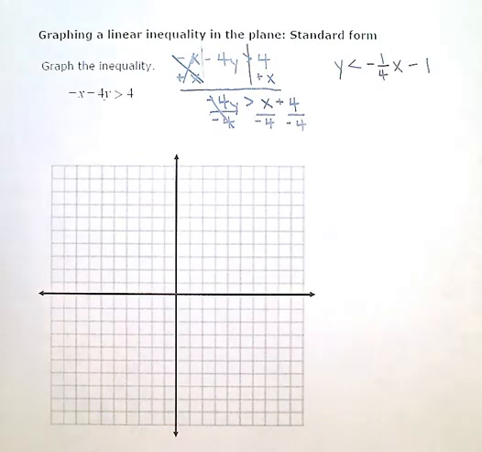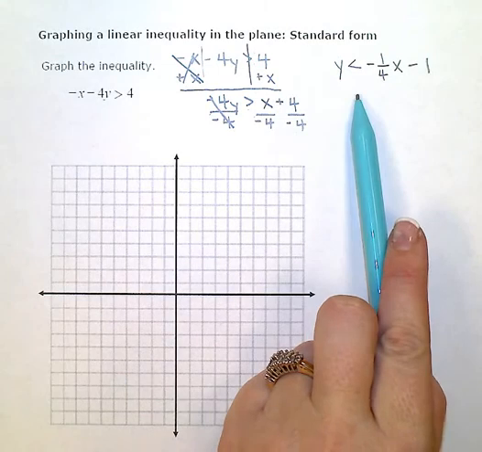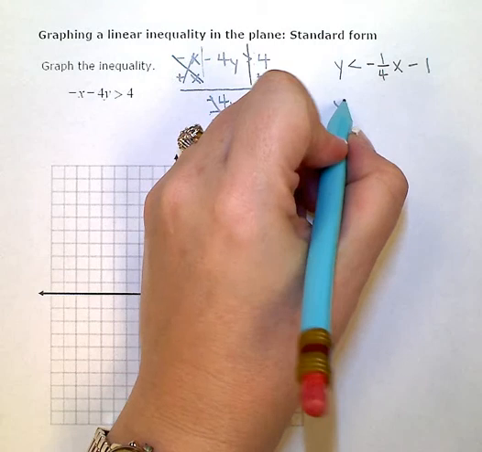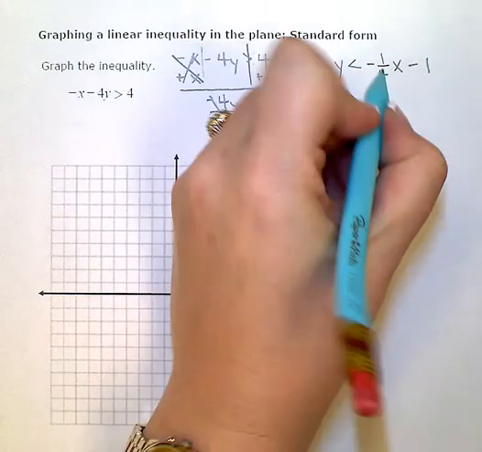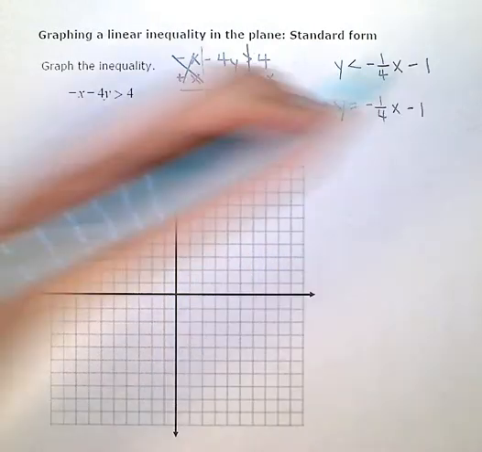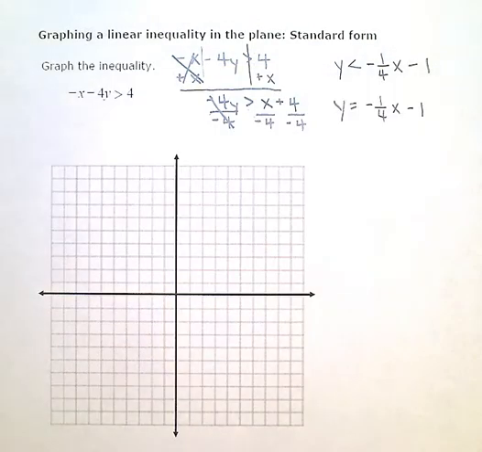So now I need to graph my boundary line. My boundary line is the corresponding equation that would correspond to that inequality, which is y equals negative 1/4 x minus 1.